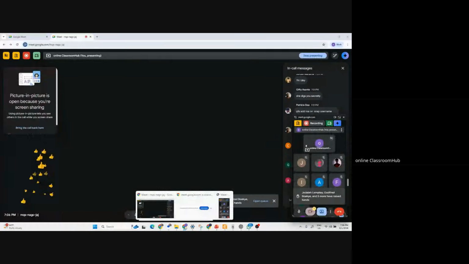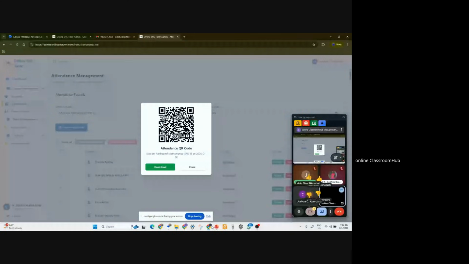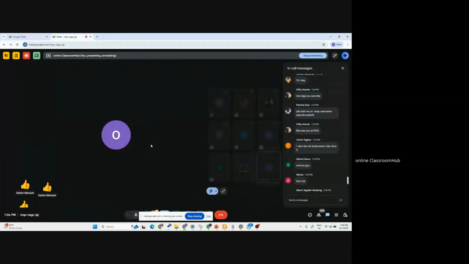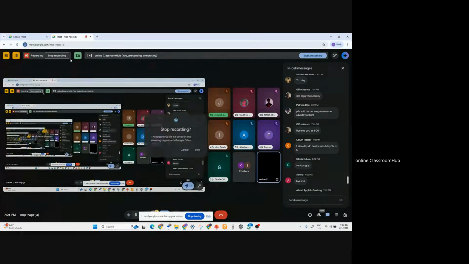So this is the QR code. Those who can scan, you scan. Let me just stop the recording for the meantime, because you are done.